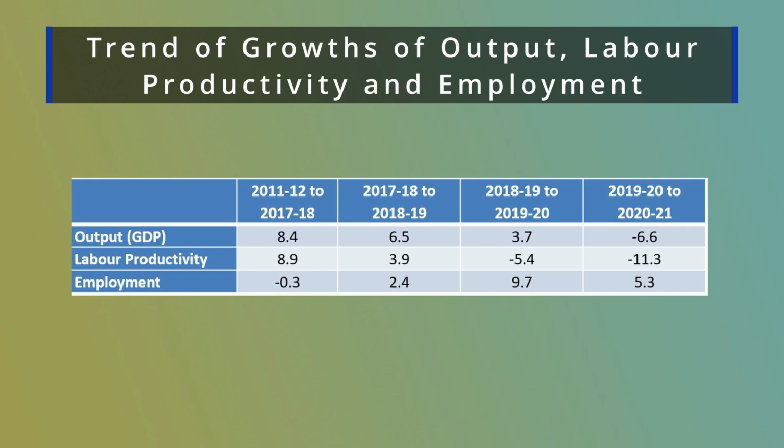And during these two periods, the growth rate of labor productivity was negative, and during the next period, that is 2019-20 to 2020-21, the growth rate of output is also negative. This negative growth of output was due to the COVID-19 pandemic. But during this period, the growth rate of employment is positive.